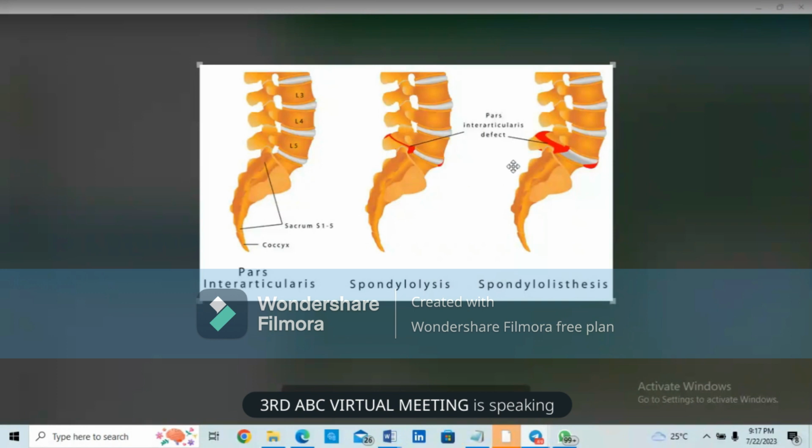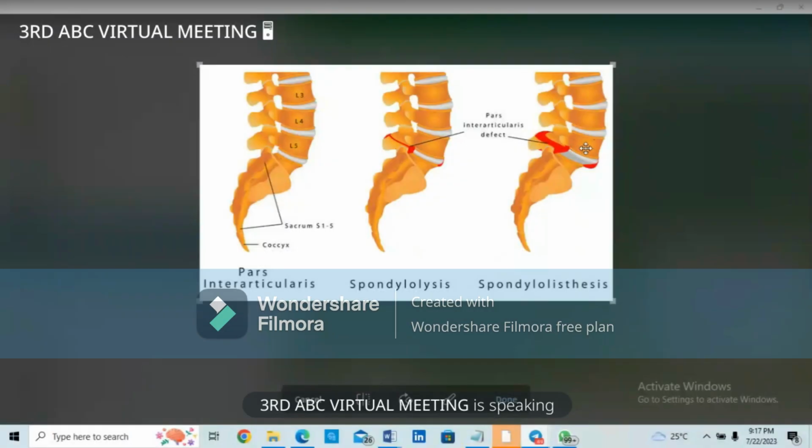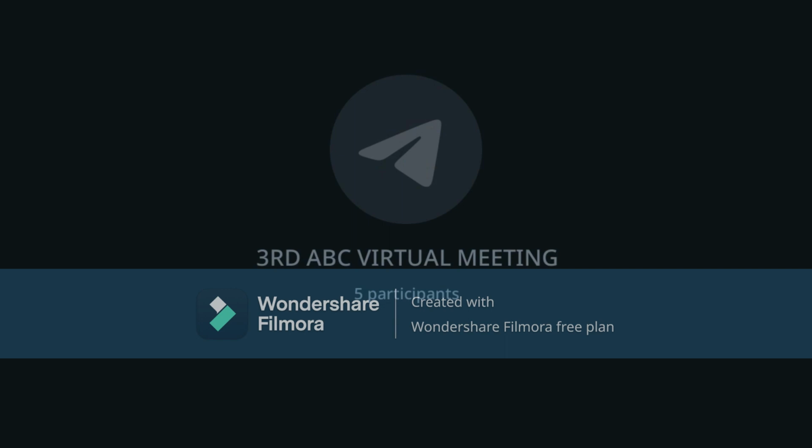You notice here that when it breaks up, this body tends to slide anteriorly, as in this case. When it slides anteriorly, that's going to intrude into the pelvic inlet.